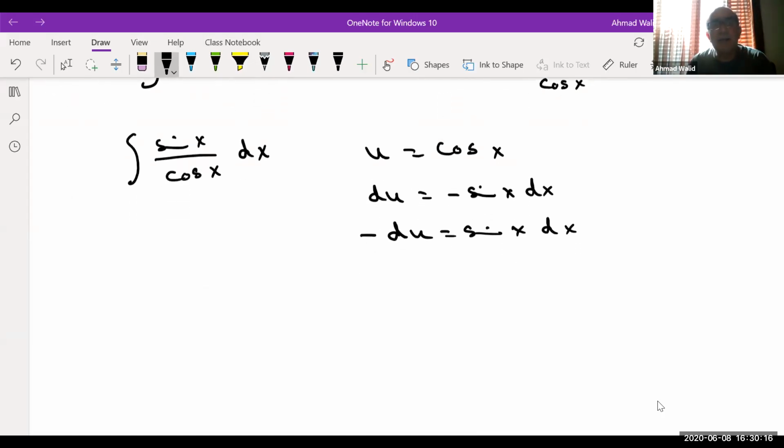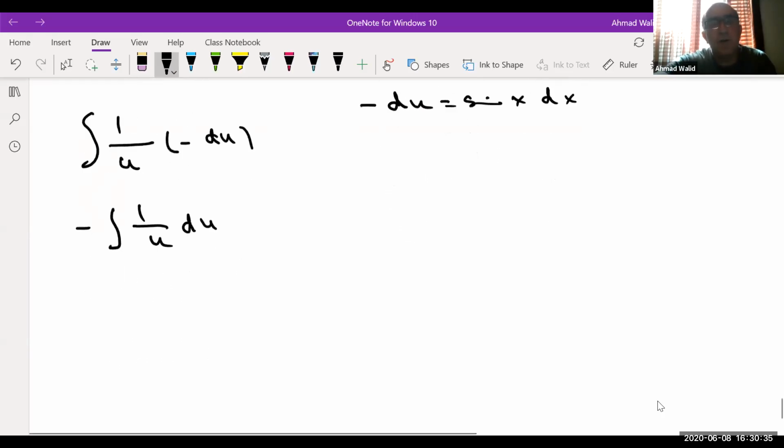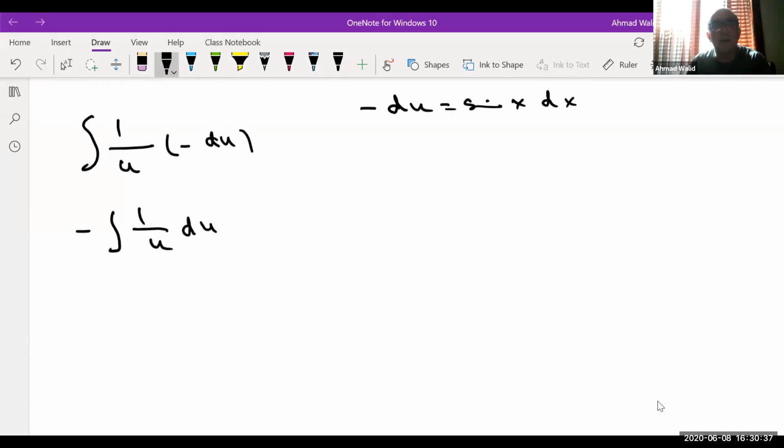Here you can write the integral of 1 over u. You replace your sin x dx with negative du. Or you can write negative integral of 1 over u du. What is the integral of 1 over u? The integral of 1 over u gives you ln of the absolute value of u.